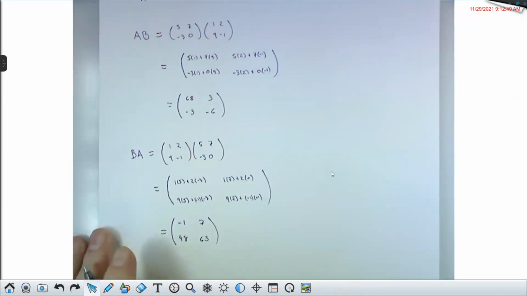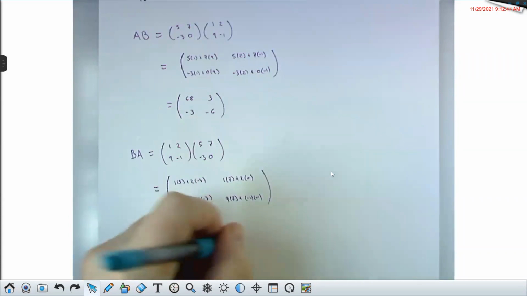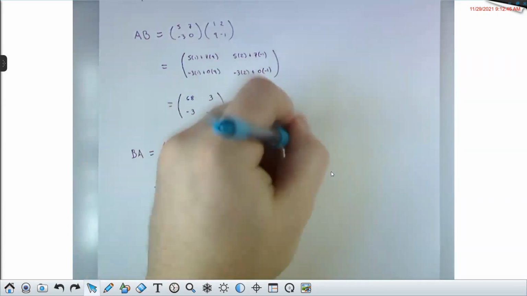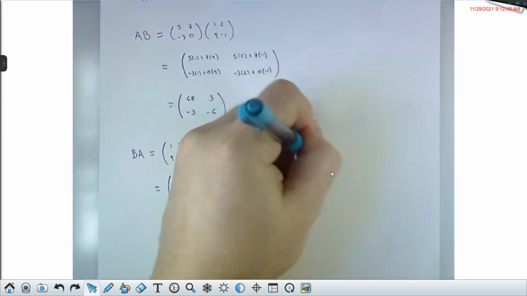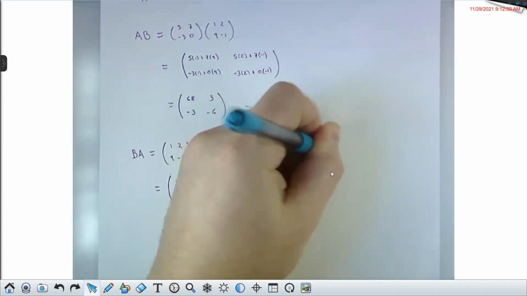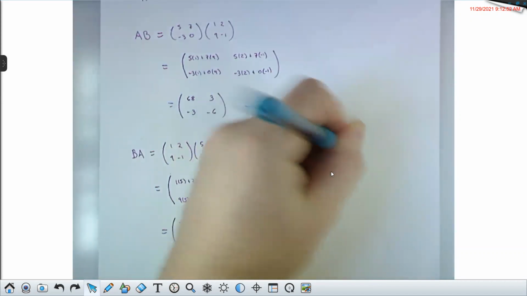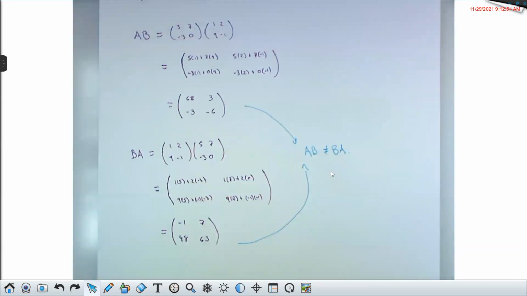And what we see is that these are very different. A times B is not the same as B times A. These are totally different matrices.